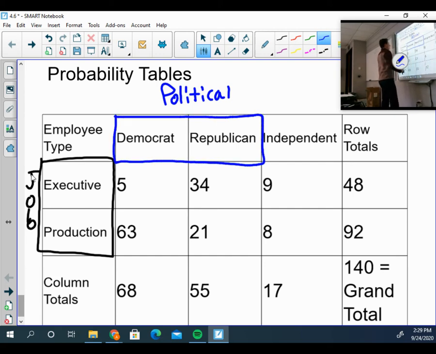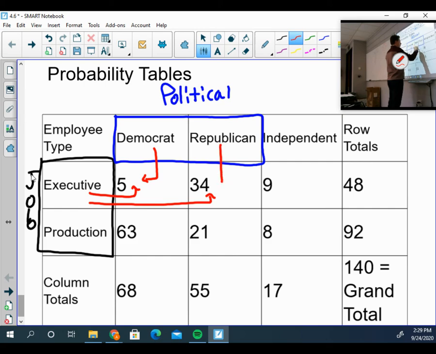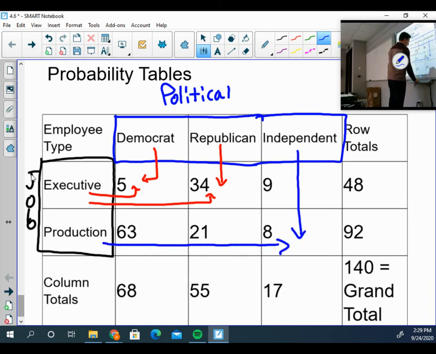So what do the columns mean? Well, there are 5 people who are executives and Democrats. There are 34 people who are executives and Republicans. There are 8 people, sorry, I should have made this a little bigger, there are 8 people who are independents and production workers. Okay, you get the idea.